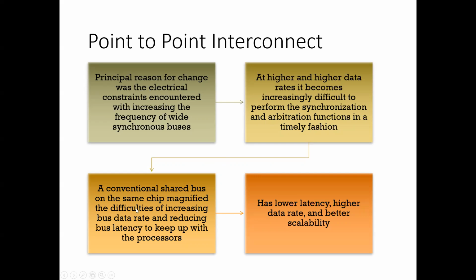A conventional shared bus on the same chip magnified the difficulties of increasing bus data rate and reducing latency to keep up with processors. The point-to-point interconnect has lower latency, higher data rate, and better scalability. The other thing to note is that synchronizing wide buses in multi-core chips also creates difficulties with bus interconnections.